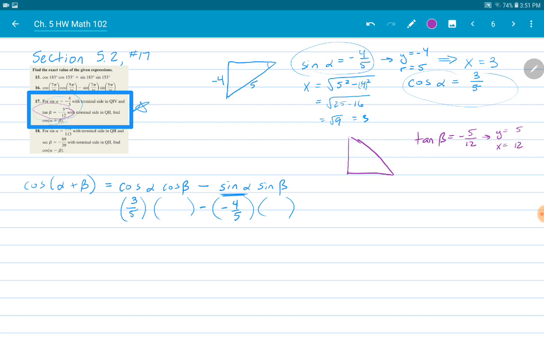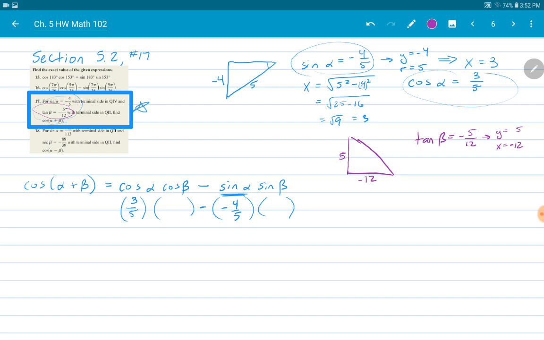How do I know which one's going to be negative, the 5 or the 12? Is by looking at the fact that it's in quadrant 2. So x is negative, y is positive. So I have a negative 12 here. And then I have, so x is negative 12, y is 5.